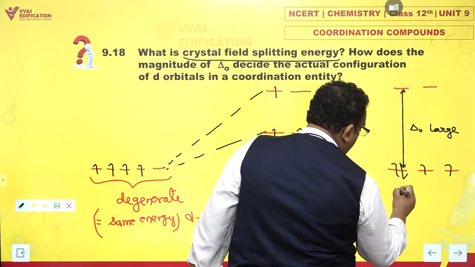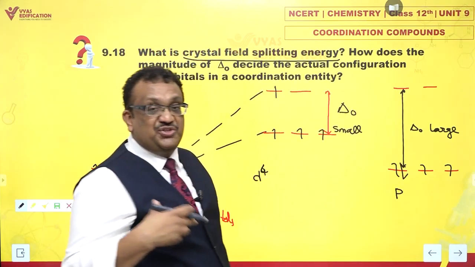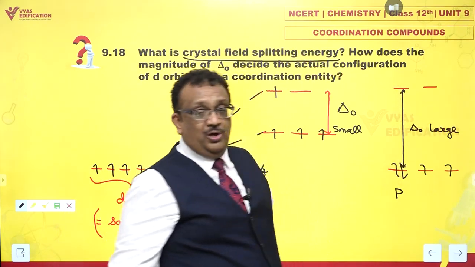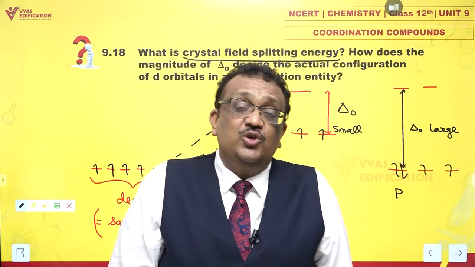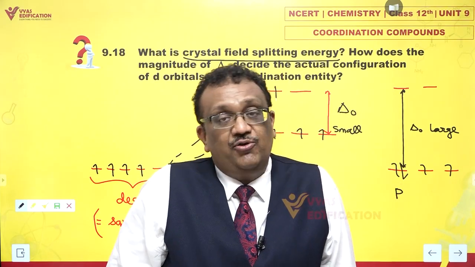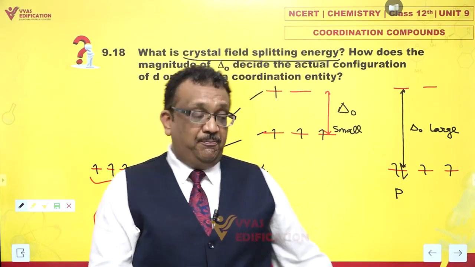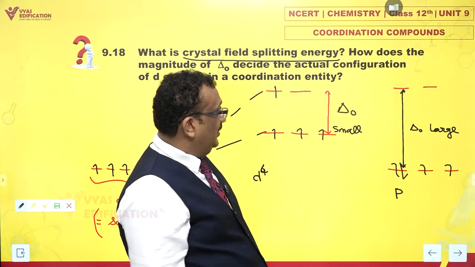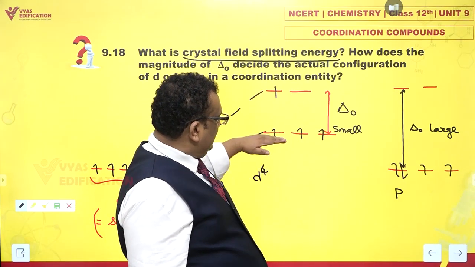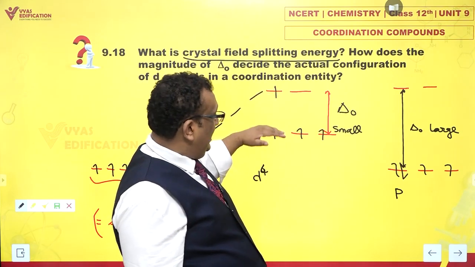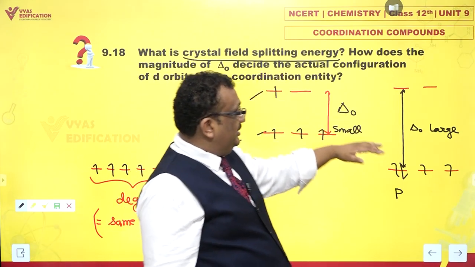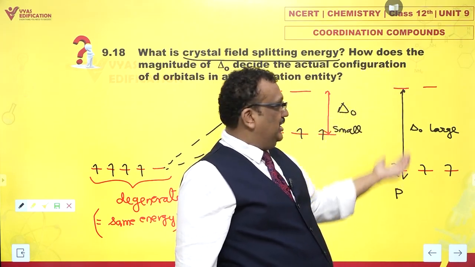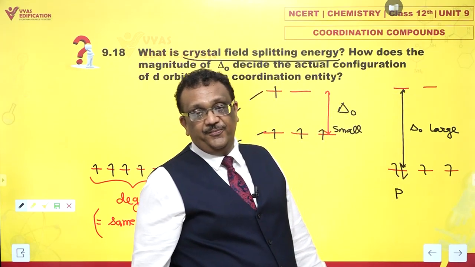Pairing energy, P, represents the extra energy I have to spend in pushing an additional electron into an orbital which already contains one electron. In this case, no pairing is needed, but I have to put the electron up. In this case, pairing happens, and I cannot push the electron up. Rather, it comes and pairs here.